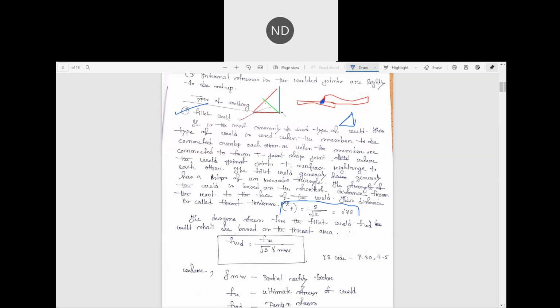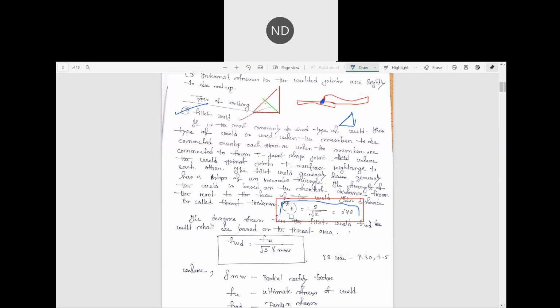That is nothing but your throat thickness. Now what is your throat thickness? Your throat thickness is given by Tt is equal to s by root 2. That means throat thickness, with suffix t, which is nothing but your strength. This is your throat thickness.